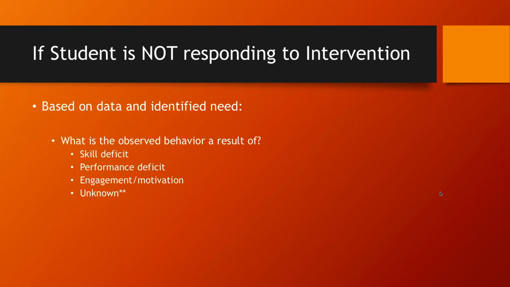And then the other piece is the engagement and motivation. So is it because of a lack of motivation or a lack of engagement within the materials, with peers, with adults, within the classroom? And how can we build those additional supports in? That other piece of unknown, Kent, I'm curious what you would say about that, with the, we're just not sure piece.